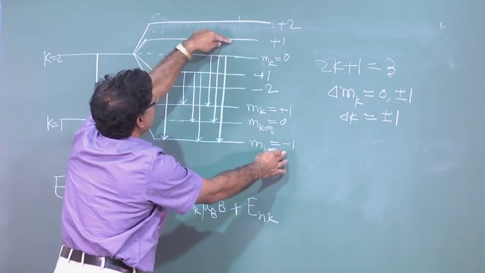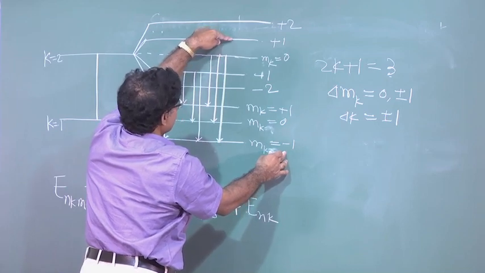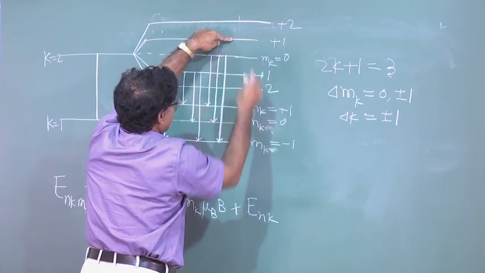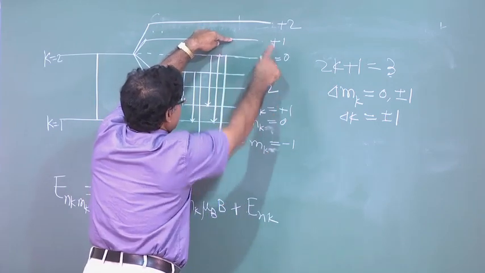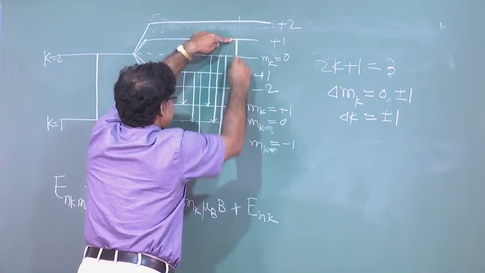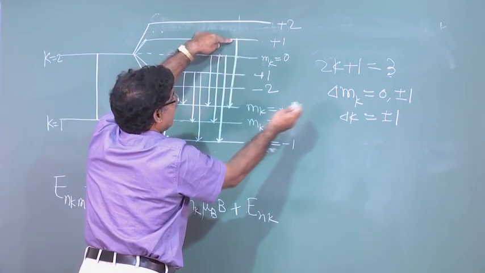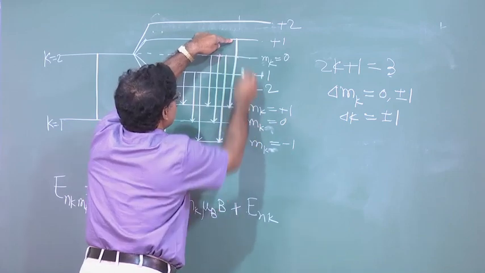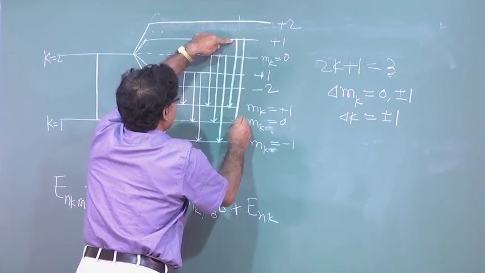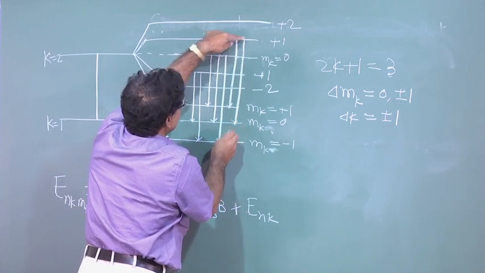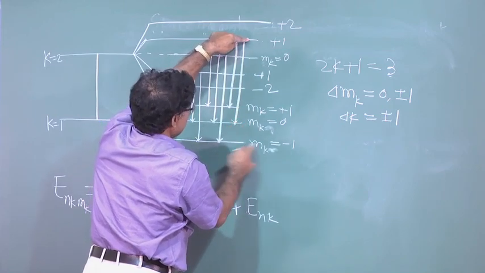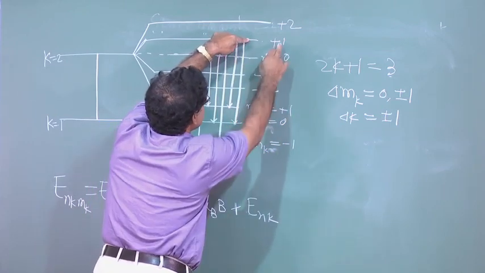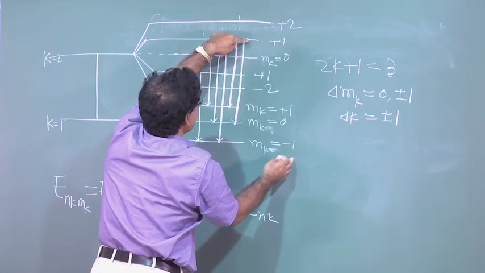Now, if I see from here, plus 1 to plus 1, the difference is 0, del mk is 0, this is allowed, this also allowed, minus 1. And this to this, minus 1 minus of plus 1, this minus 3 is not allowed.